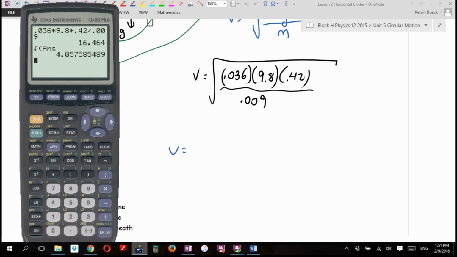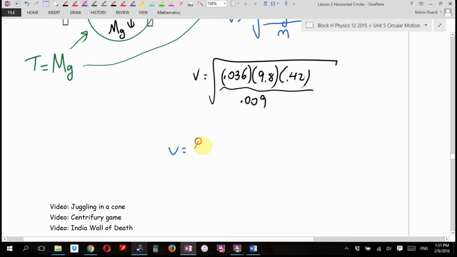And I get 4.06 meters per second. Is that all right? Okay.